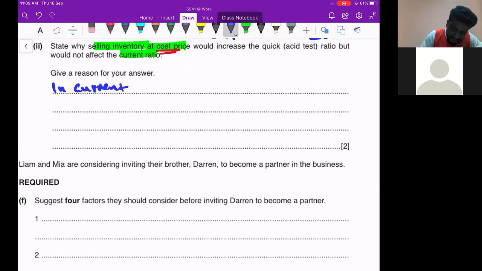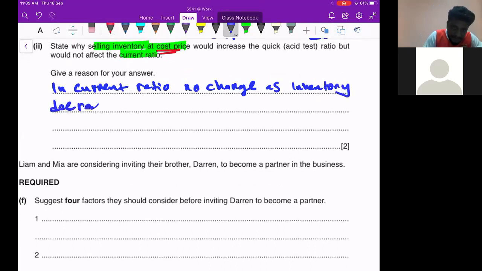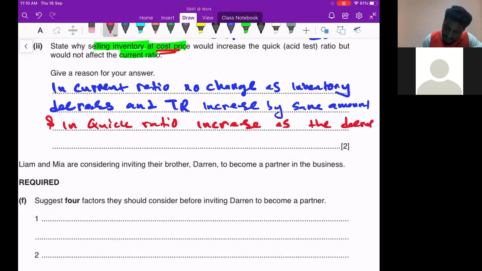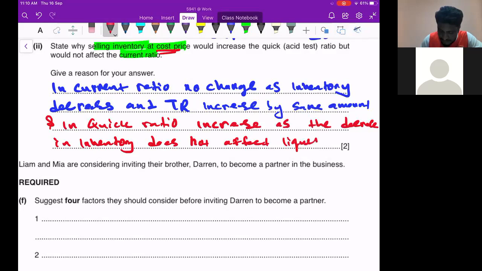In current ratio, no change as inventory decreases and trade receivable increases by the same amount. And in quick ratio, increase as the decrease in inventory does not affect liquid asset.